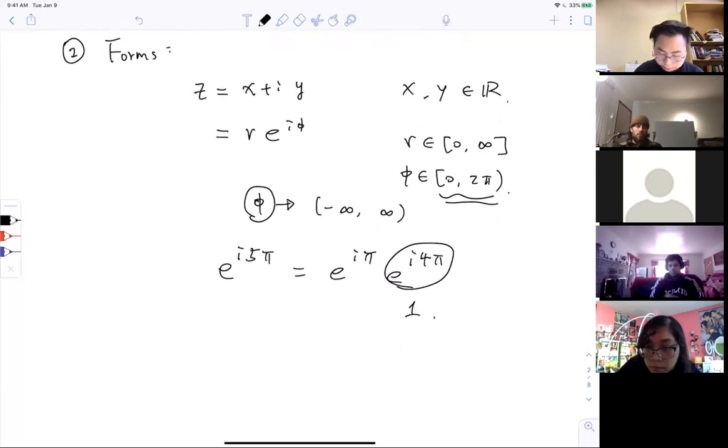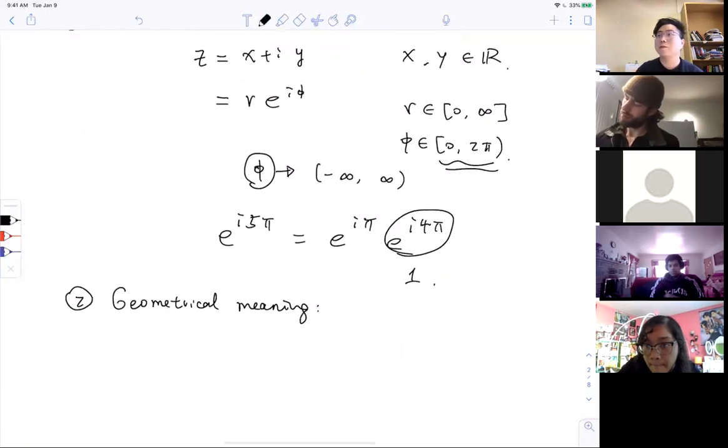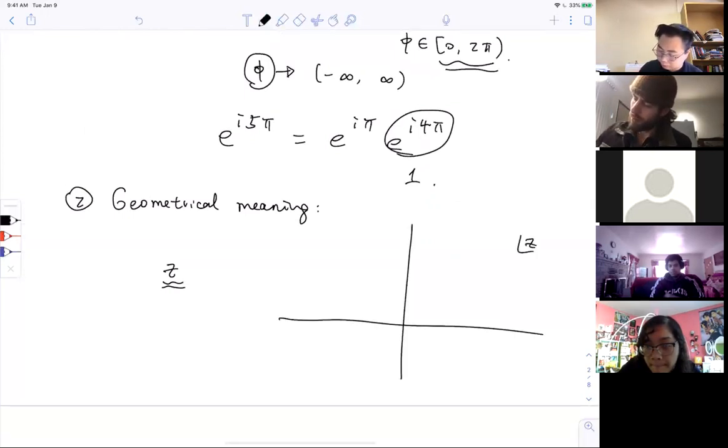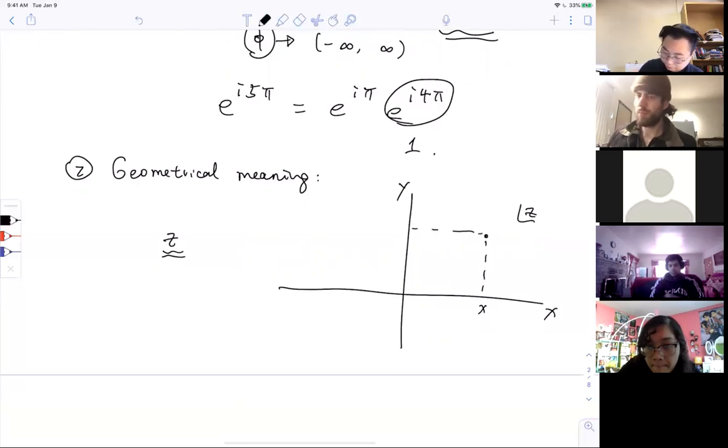Okay, so this is for the complex numbers, and the second thing is the geometric meaning. When we write down a complex number, we usually say it's a point in the complex plane. For the complex plane, we draw x and y axes.